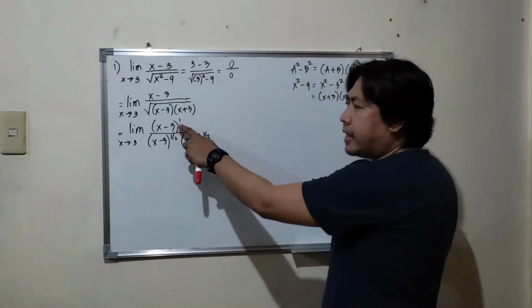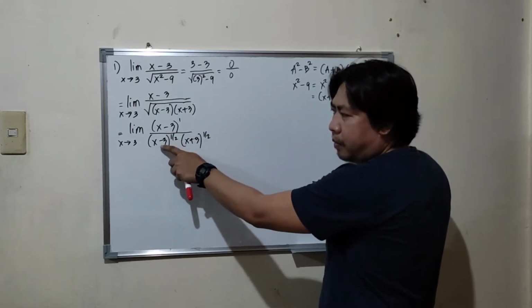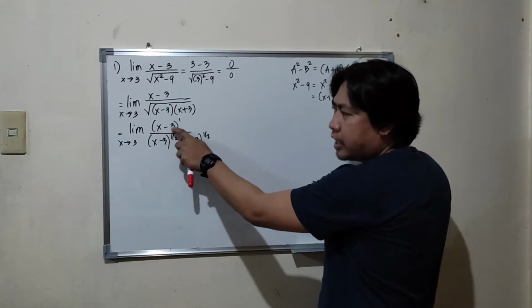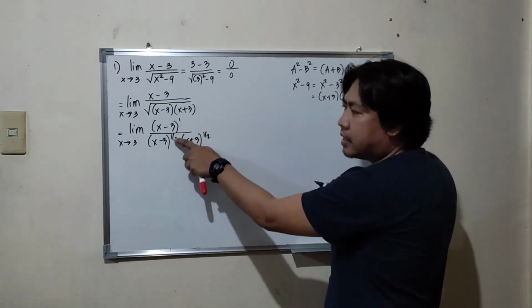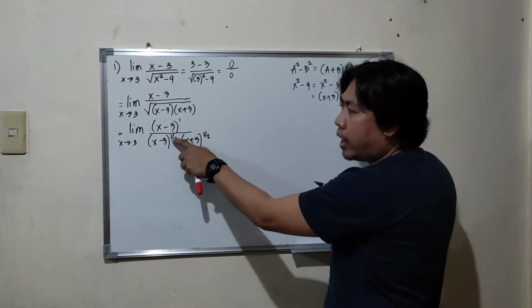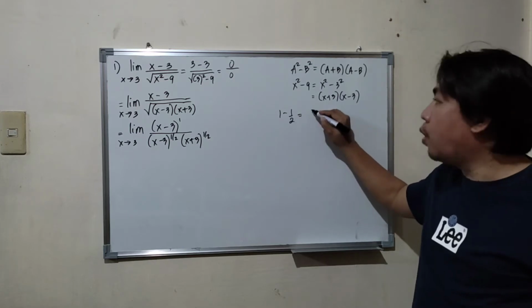Then, we can now apply the quotient rule since we have the same expression x minus 3 raised to 1 and raised to 1/2. All we have to do is subtract the exponents: 1 minus 1/2 is equal to 1/2.